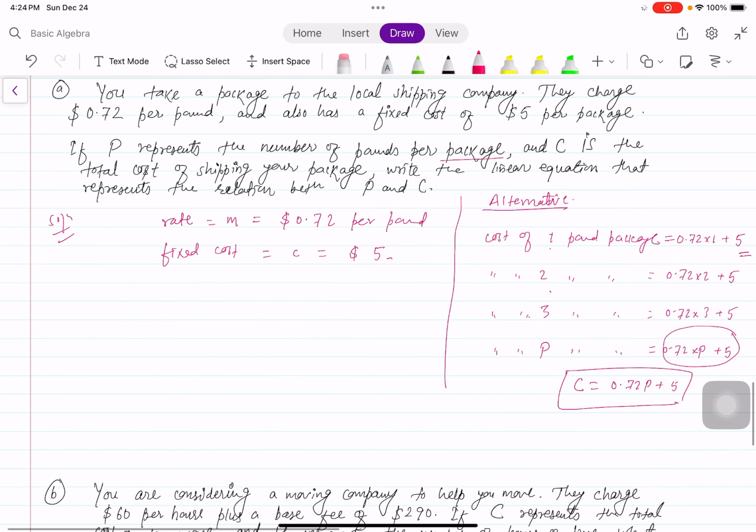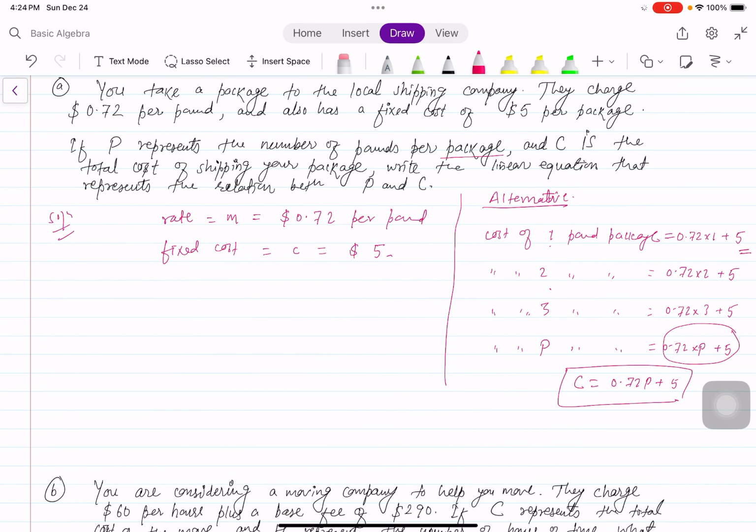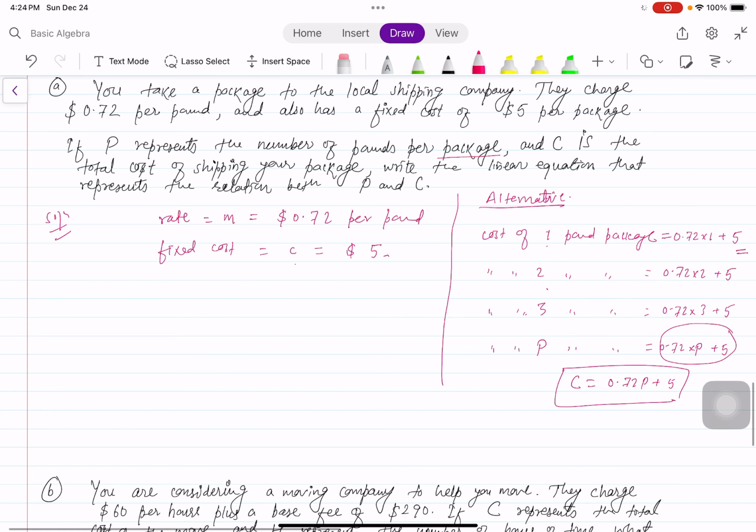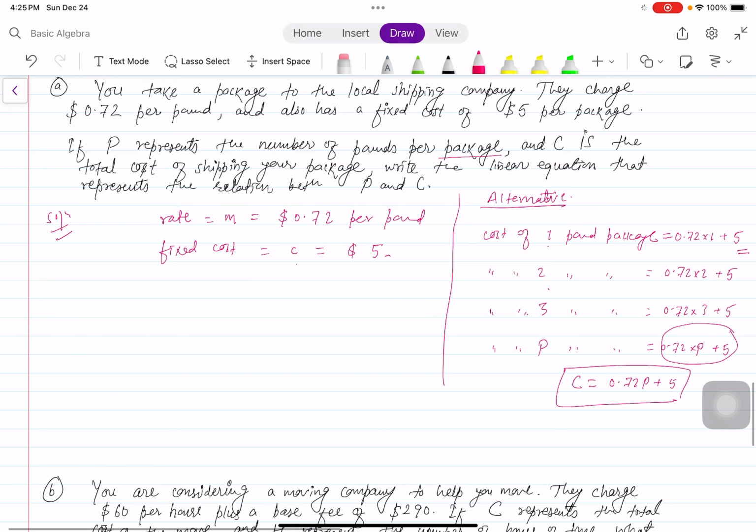So what is the rate here? Rate is m, fixed price is c, and what are you studying here? What are we modeling here? We are modeling, if p represents the number of pounds per package, and C is the total cost of shipping, write the linear equation that represents the relationship.